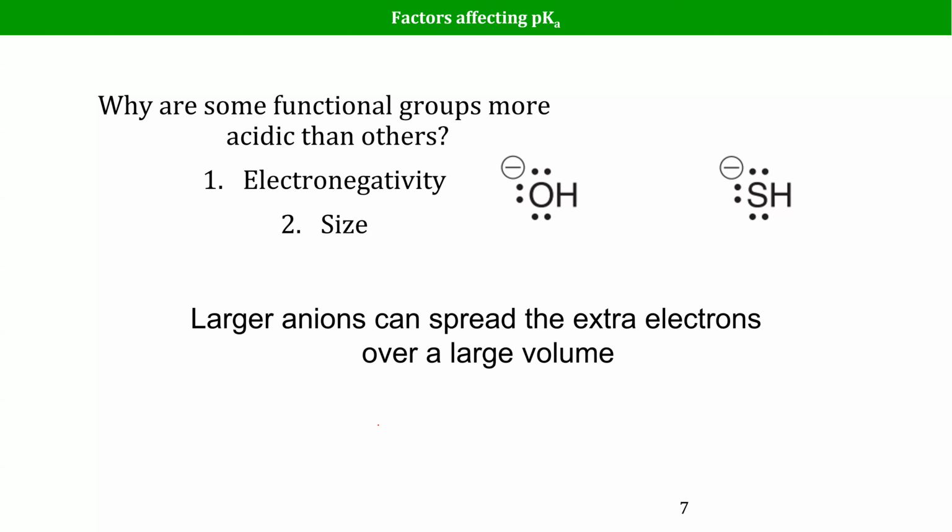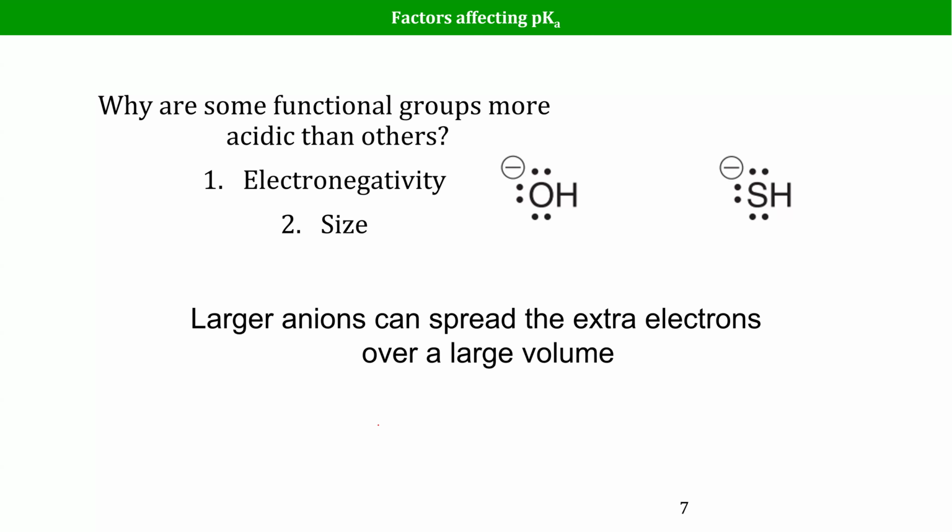So oxygen is more electronegative than sulfur, but sulfur's better at being an acid. Because the larger the molecule is, the larger the functional group is, the weaker the bond to that H plus.